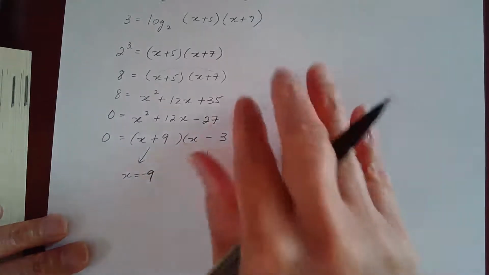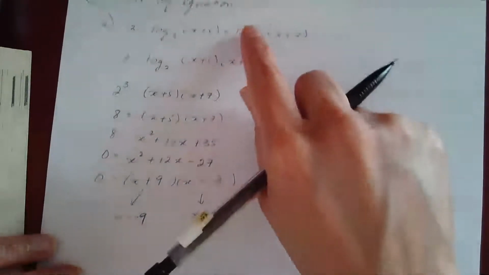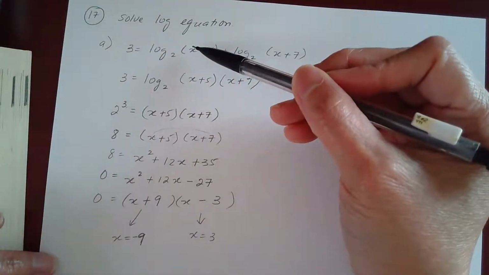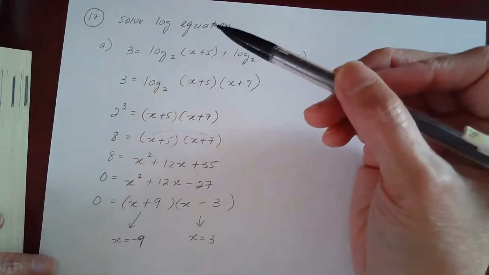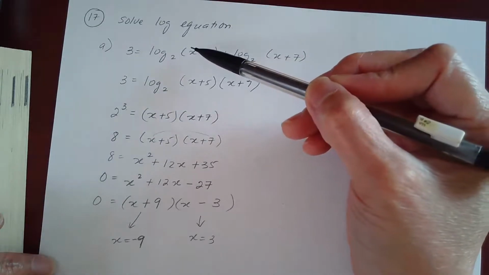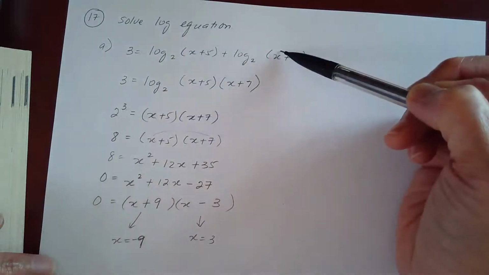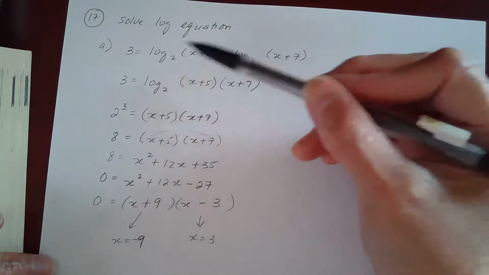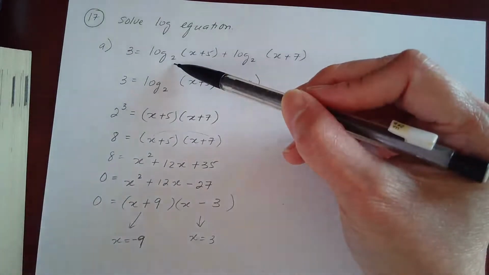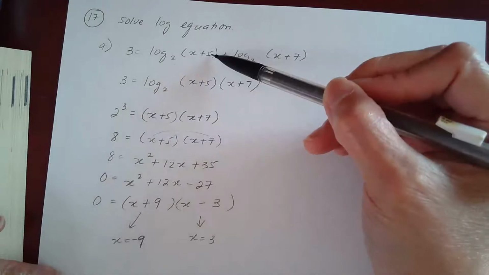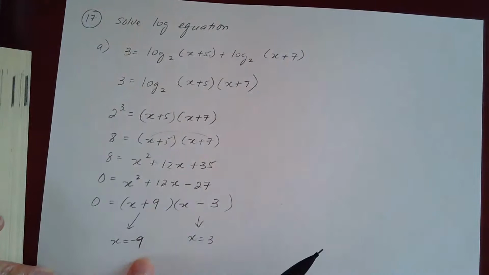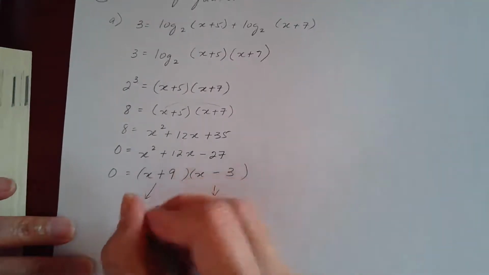So now we have to go back up and put in the values there and look for an extraneous solution. If I put in negative 9 here and negative 9 there, we're going to end up with a negative value here. So 2 to what exponent will give me this number? There's no solution. So x equals negative 9 is not a solution. This is an extraneous solution.